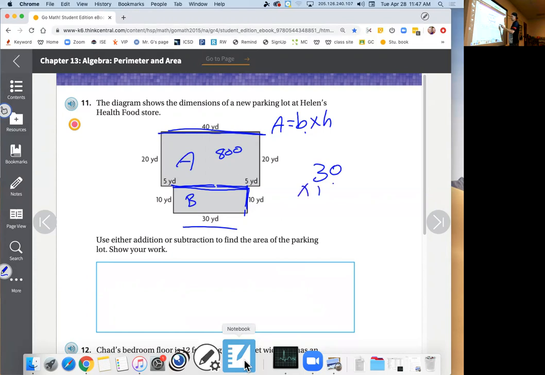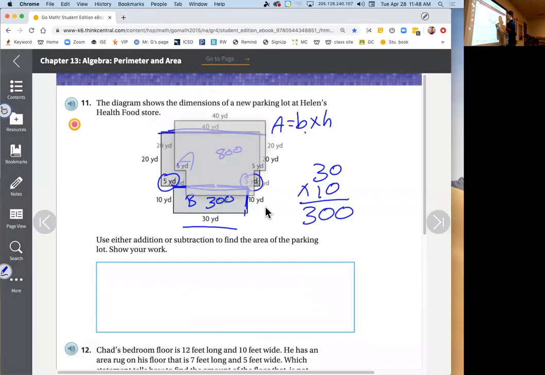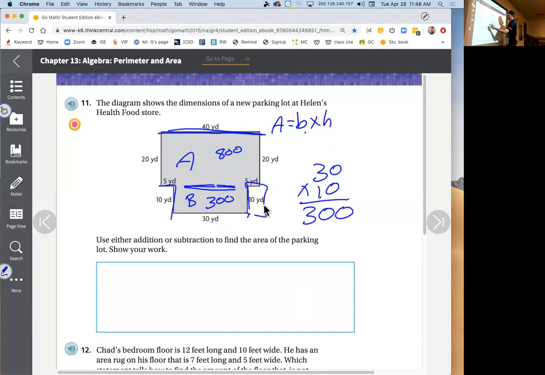It is 10. What's 1 times 3? How many zeros? If you notice, we didn't even use these 5 yards because those 5 yards are part of this. That 5 yards is the part we would have taken out, but we didn't do it that way, so we didn't need to use those. So now we just add those 2 parts together.